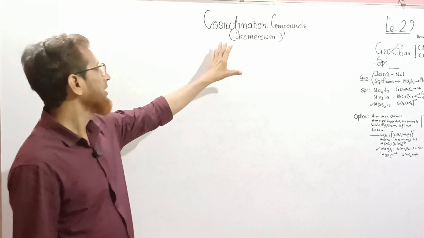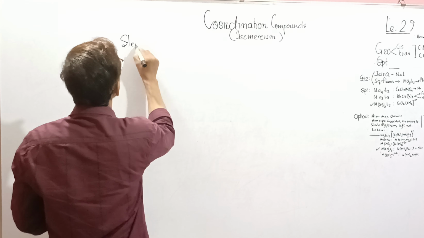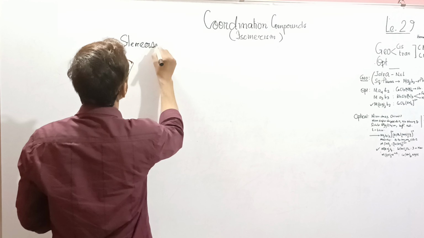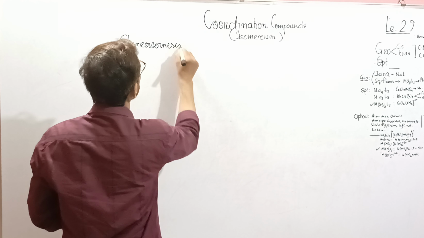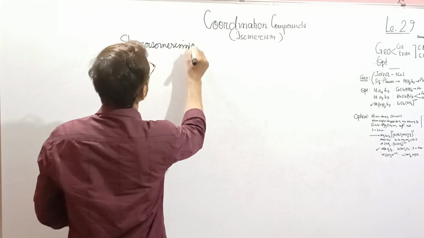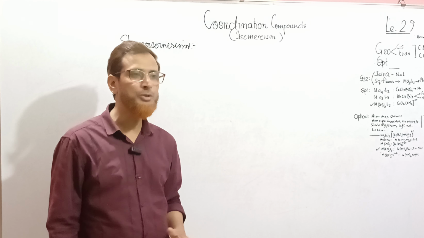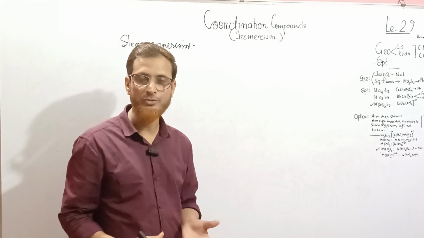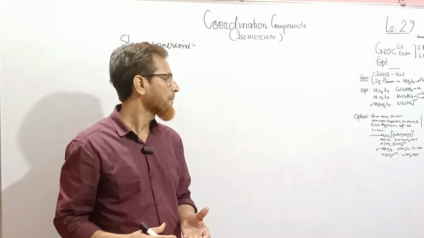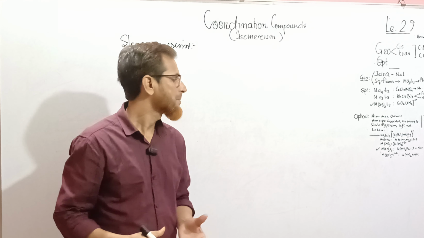That part was stereoisomerism. Stereoisomerism means the isomerism which arises due to the spatial arrangement of atoms or molecules around the central metal.